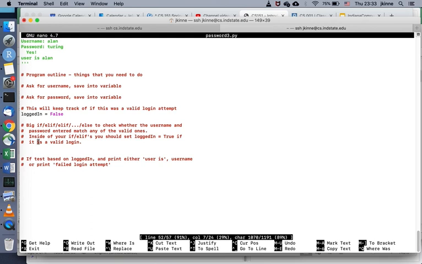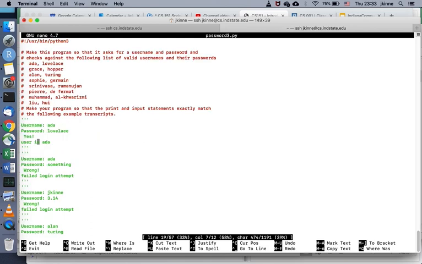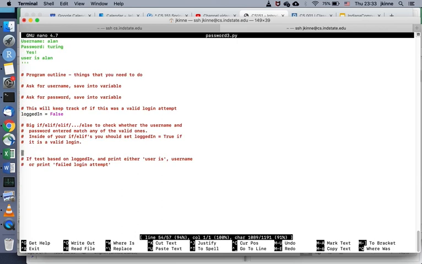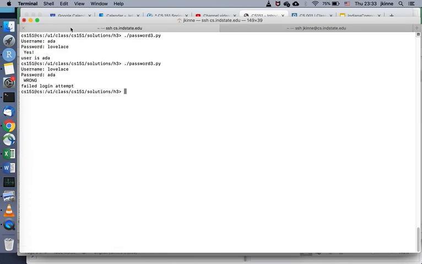There's going to be a big if, elif, elif, elif, and so on to check all of these. There'll be a case for each of those. And if one's valid, then you can set the logged in variable to true. And then after the loop, you can print the appropriate message, either you're printing wrong exclamation point, failed login, or you're going to print yes and the username.